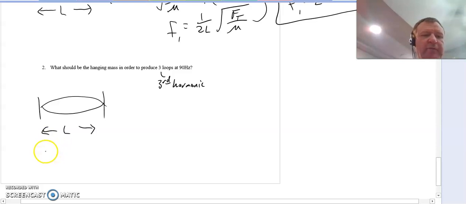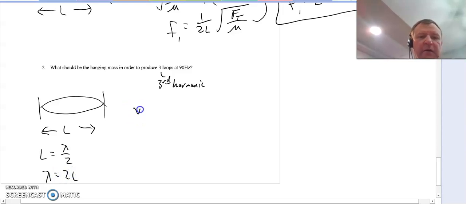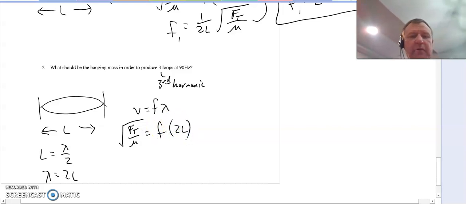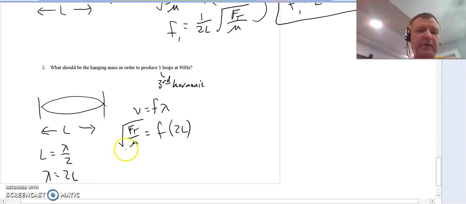We have half of a wavelength, so L equals wavelength over 2, or the wavelength is 2L. v equals f lambda, so the square root of tension over mu equals f times 2L. Now this is where we need to be a little careful, because I'm working off the first harmonic.